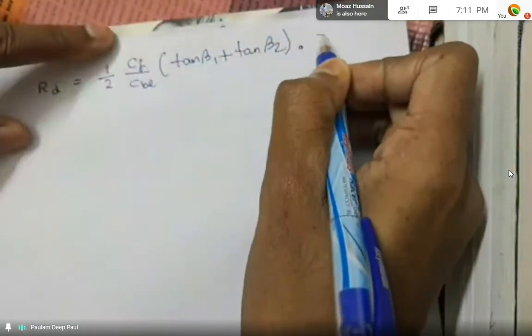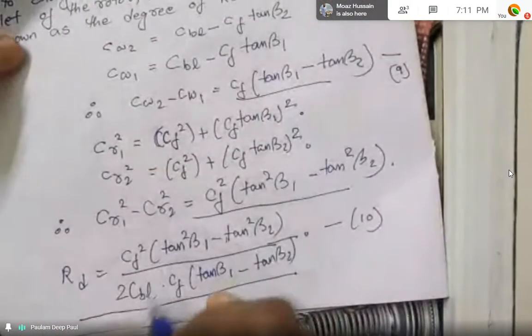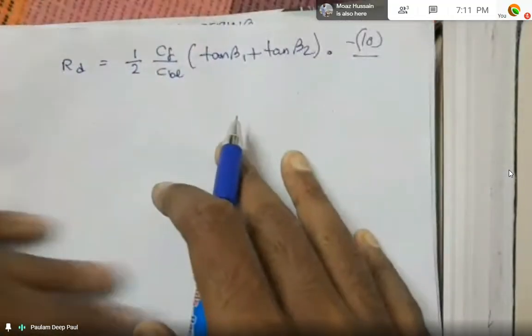This is our equation 10. Similarly to the earlier stage, it's just a simple cancelling of the common terms that we get, so we are just going to keep it as equation 10 here.